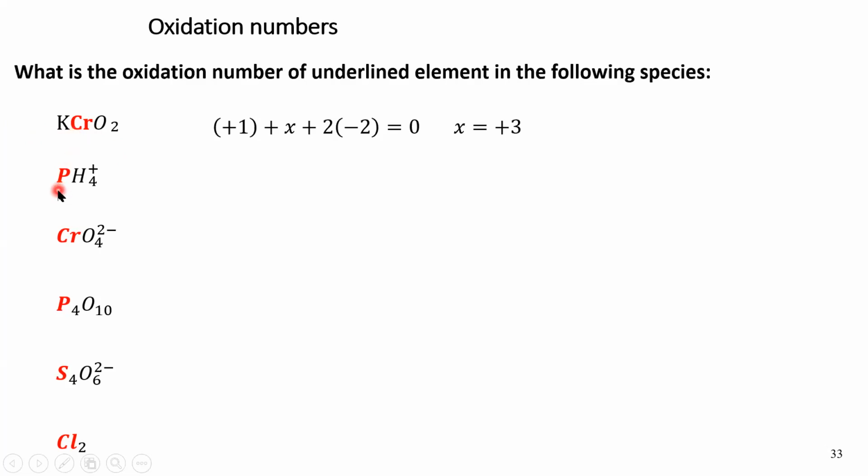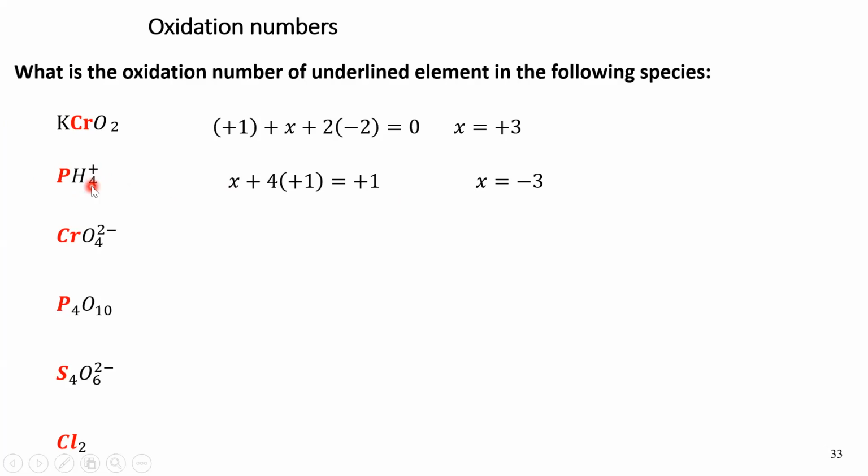So let's look at this one. This is a polyatomic ion. It has a charge of +1. That means the sum of the oxidation numbers has to add up to +1. Phosphorus can vary, and that's what we're trying to find. Hydrogen, because it's with a non-metal, is going to be a +1, and there are 4 of them. Again, we're going to set up an algebra problem. We don't know phosphorus, that's going to be x.